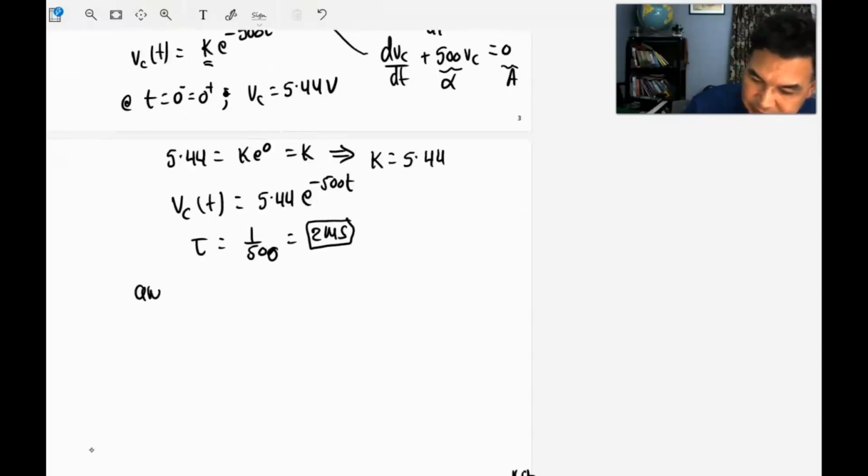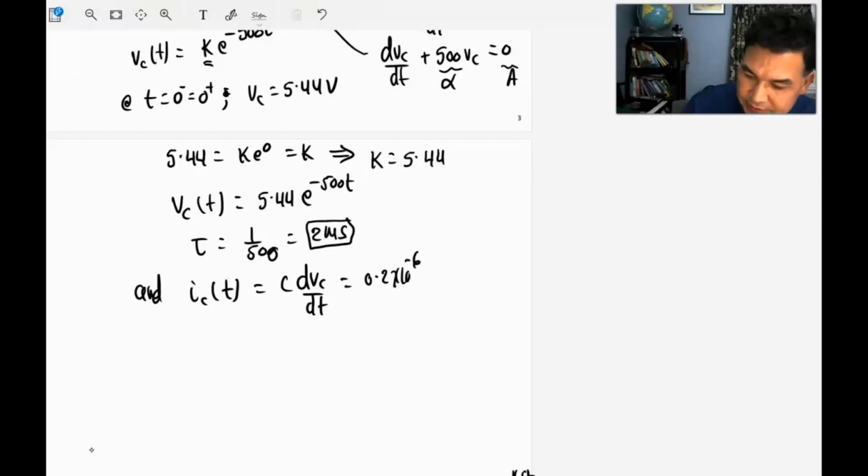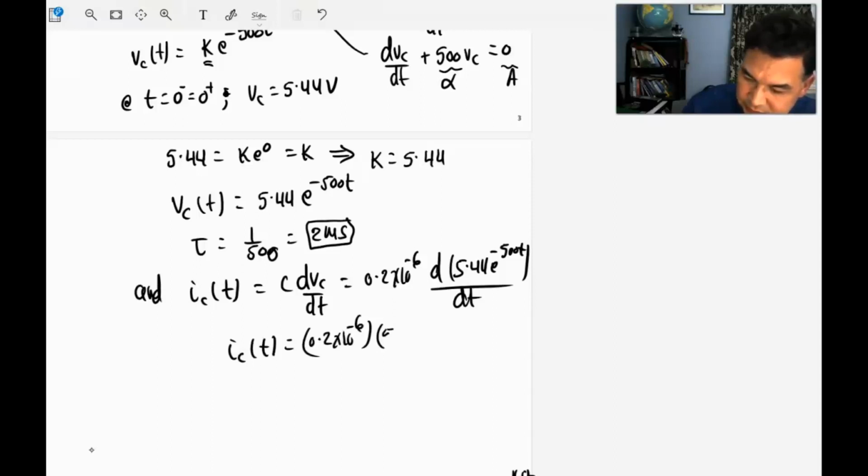And you can find how the current decreases over time: it's just C dVc over dt, with C being 0.2 microfarad. You just need to differentiate this with respect to time. You get 0.2 micro times 5.44 times negative 500, e to the negative 500 t.